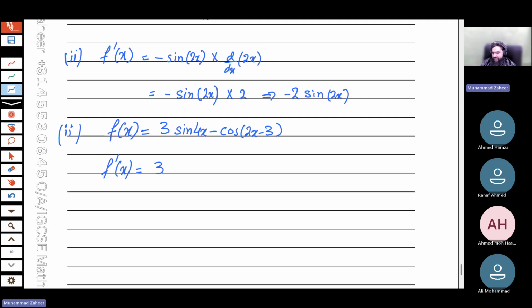The derivative of sine is cos 4x multiplied by the derivative of 4x, minus the derivative of cos, which is negative sine, so it becomes positive: sine of 2x minus 3 multiplied by the derivative of the angle.